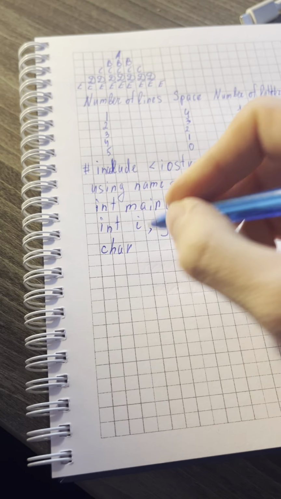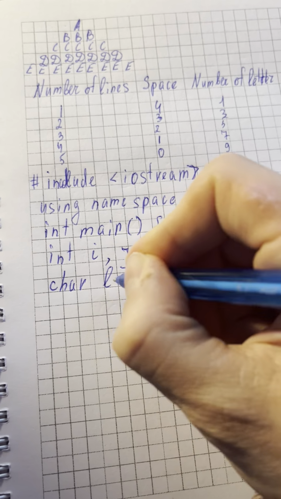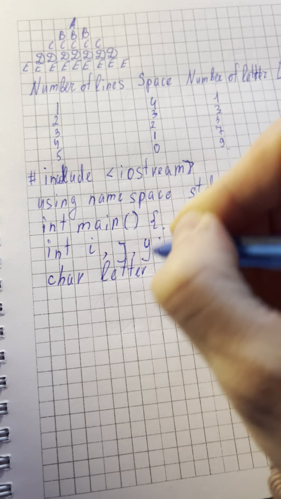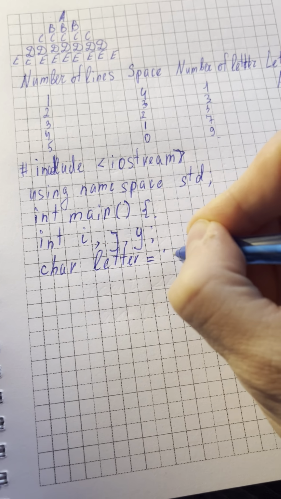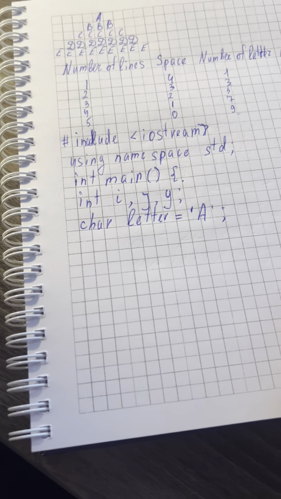It will be char. And I will write, first of all, this letter will be A. I will describe later why I chose those methods.